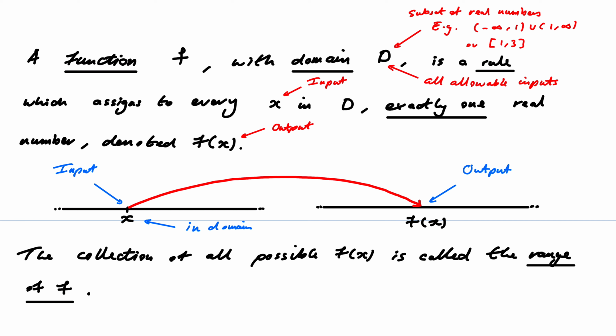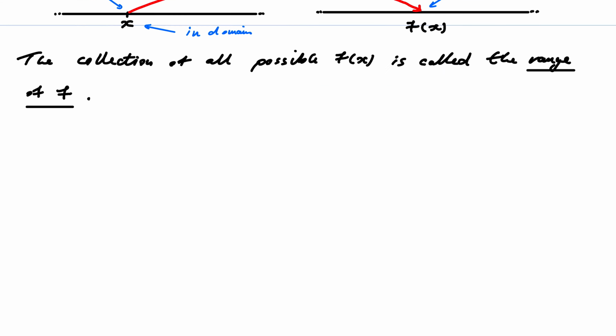So first of all, an important point is this. The output f of x is exactly one number. There's a unique output to a given input. So this is very important. This is part of the definition of the function. So what that means visually, and I think you should always at least have a visual interpretation of things like this.